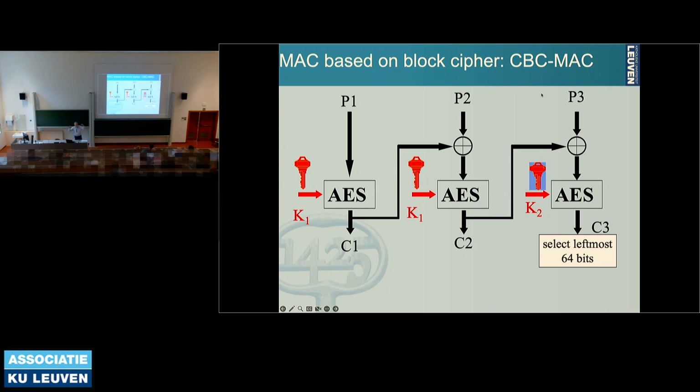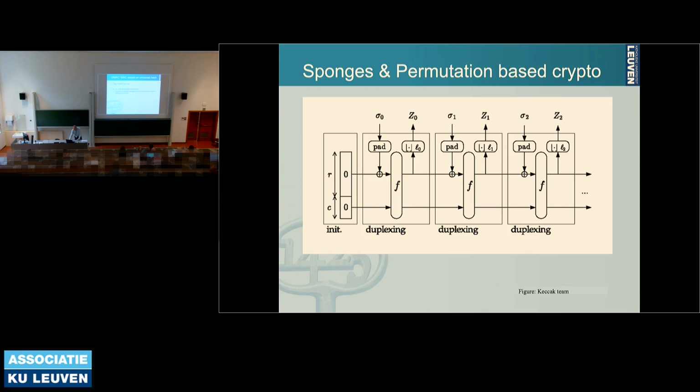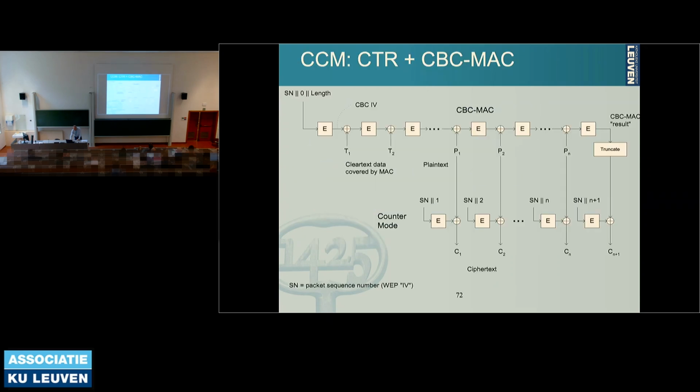So if I pull this so that all these arrows become one horizontal line, and I add the plain text from the bottom instead of from the top, then I get this picture again. Yeah? So that's the CBC MAC part. There is something here which allows to include headers that do not need to be encrypted but only authenticated into the whole thing. But that's the CCM combined mode of operation.